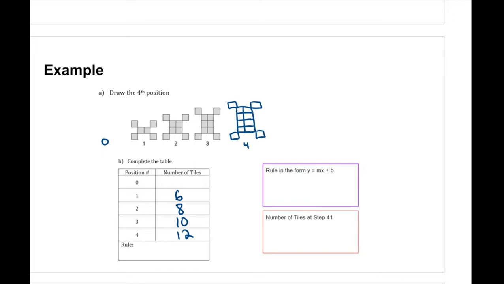You could think about what's changing every time and what's remaining the same. If we're at position 0, then what remains the same should also be there. So we would have something that looks like that, just the 4 corner squares. So position 0 is 4.